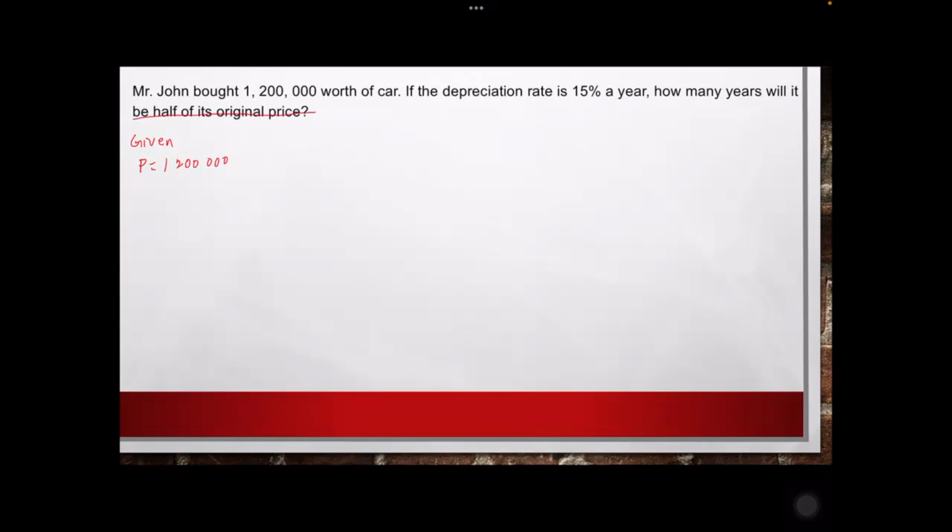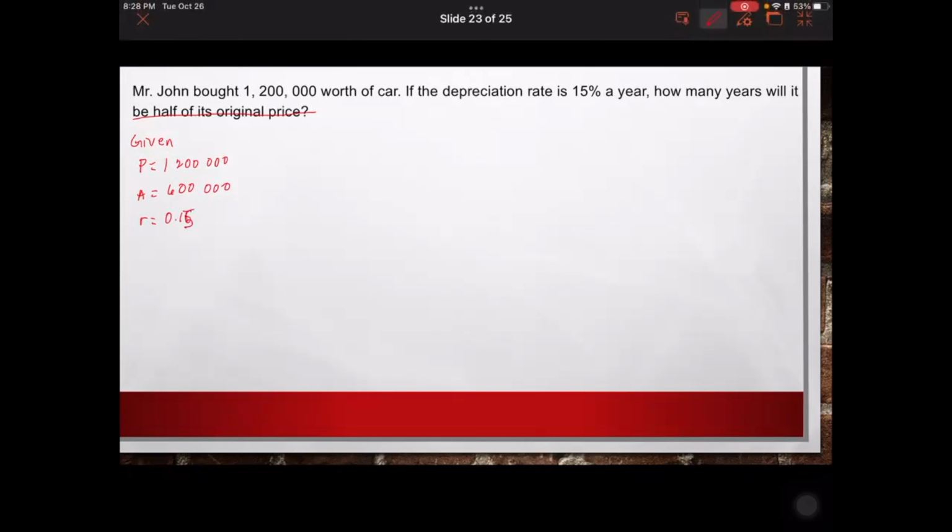Yung kalahati ng 1.2 million, that will be the letter A. So, magkakaroon tayo dito ng 600,000. Kasi kalahati ng 1.2 million. Then, yung R natin is 0.15. Nawawala dito is the time pa din kasi how many years nakalagay dito.